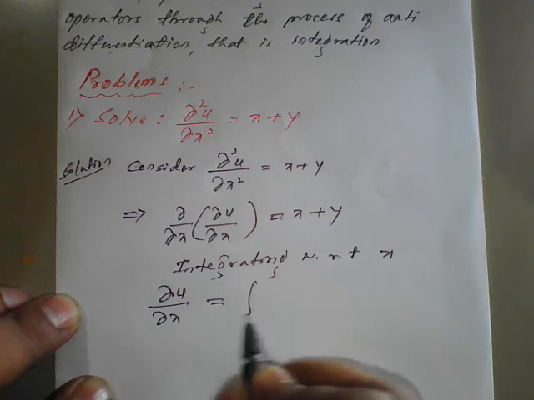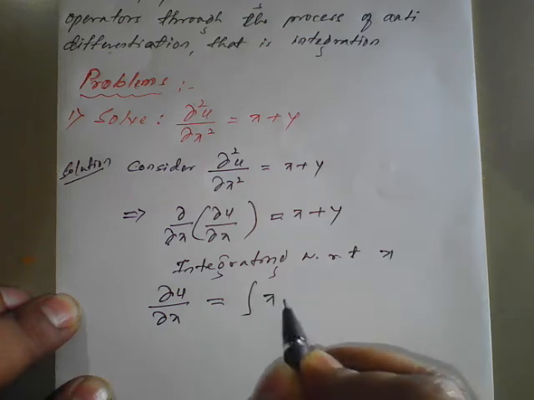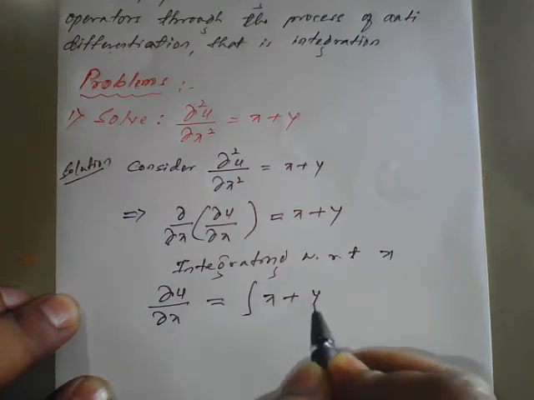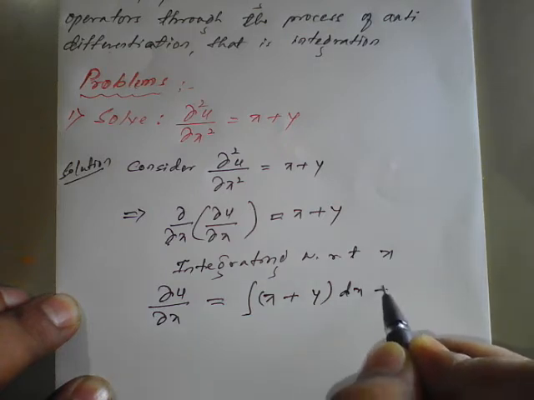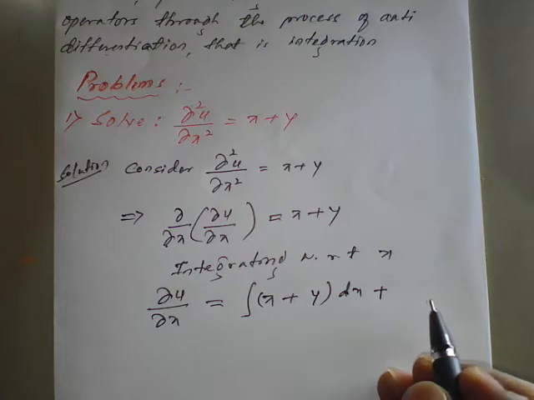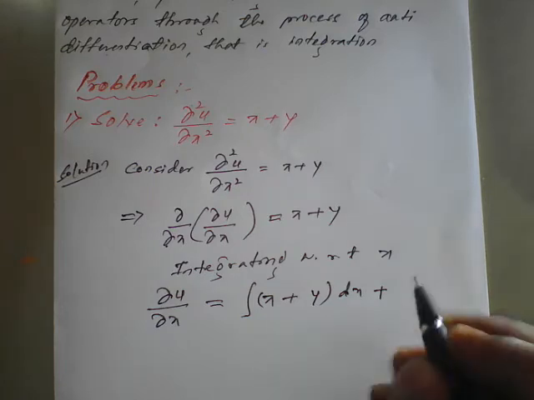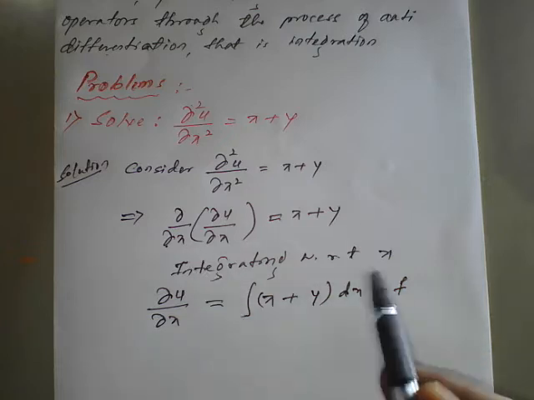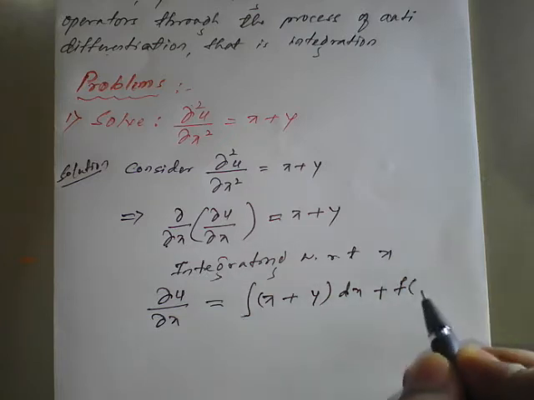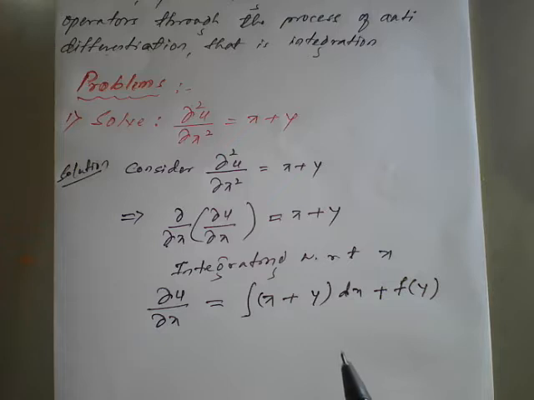That is, ∂u/∂x is equal to the integration of x + y with respect to x, and we have to write the integrating constant in such a way that if it is with respect to x, it should be a function of y, the opposite of that.